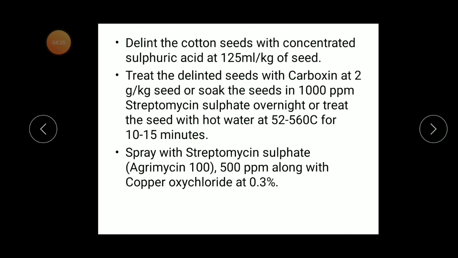Spray the streptomycin sulfate, that is also called as agrimycin 100, 500 ppm, along with copper oxychloride at the rate 0.3%. These following measurement definitely will suppress the incidence of the disease in the field. So we should use this mentioned management practice.